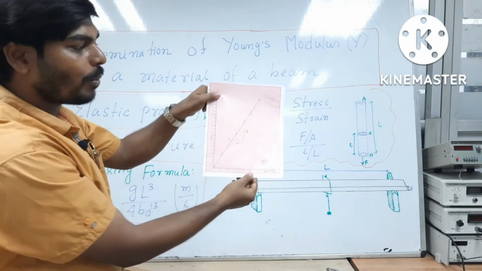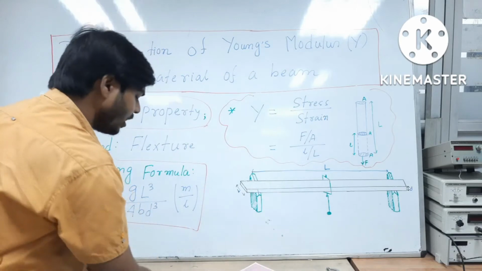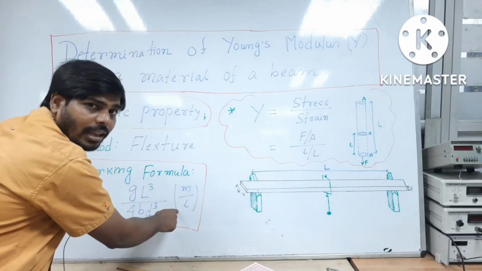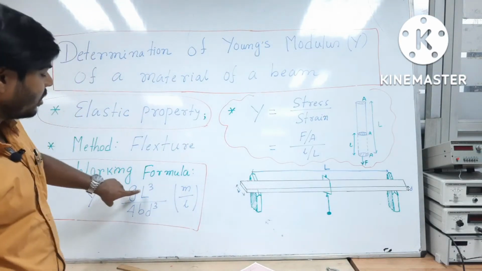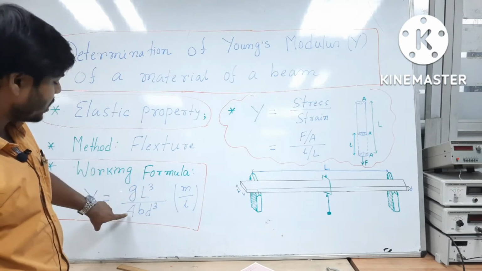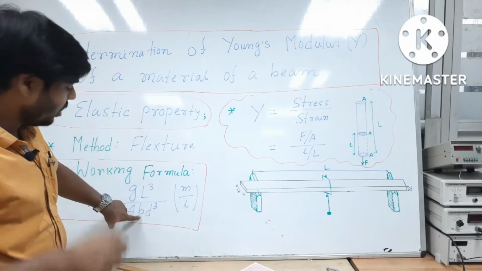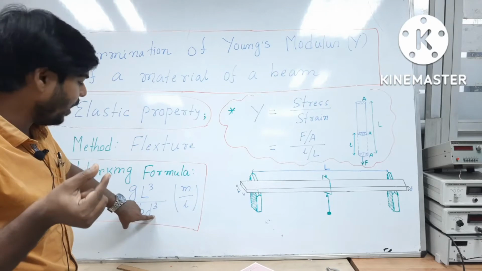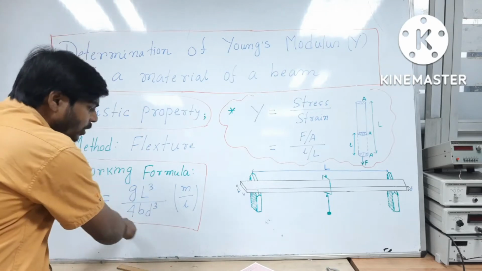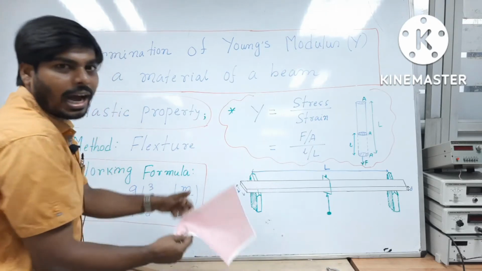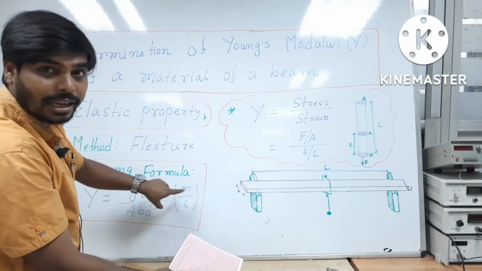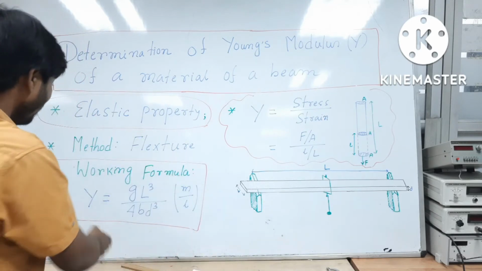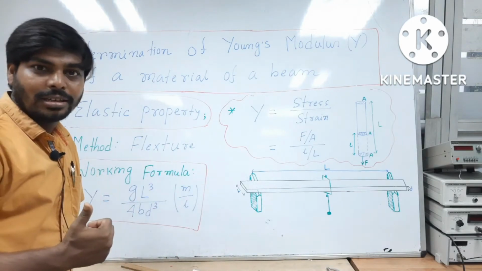So directly from that curve you will get this whole term M by L, and you have already measured this capital L, this B, that is the breadth, and D, that is the depth of the beam. So you know about this constant term, and from the curve you will find this M by L ratio. So you will directly get this Young modulus.